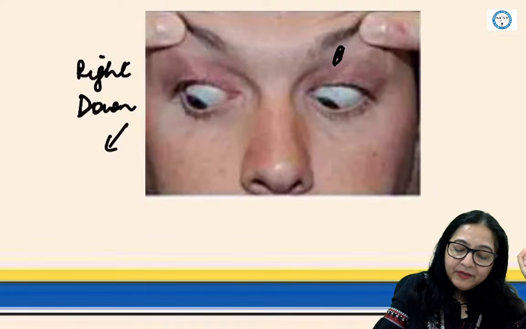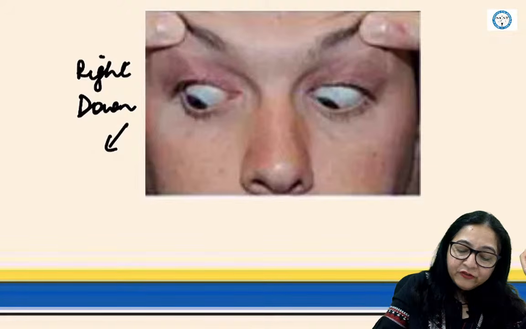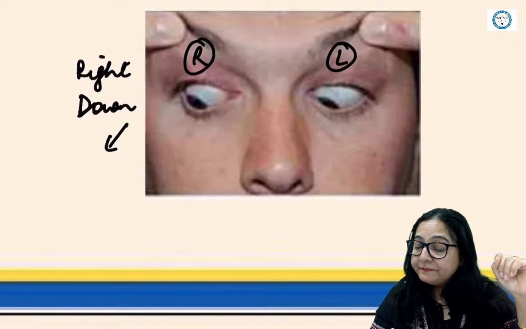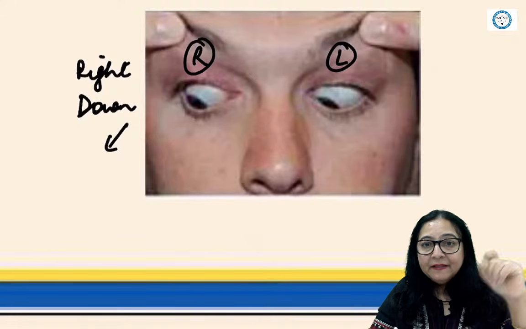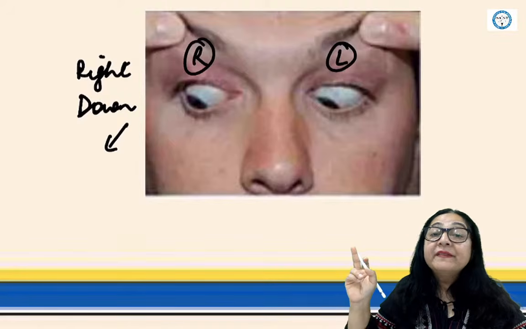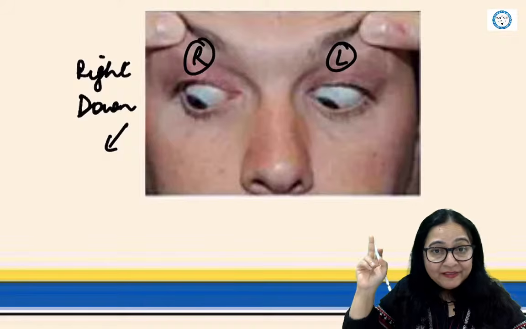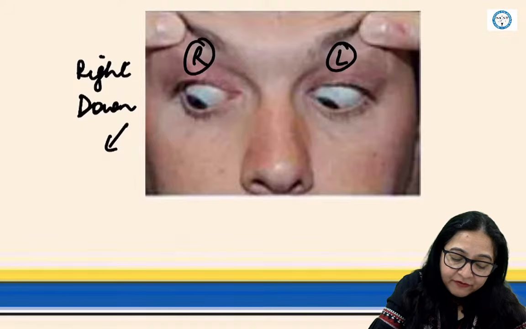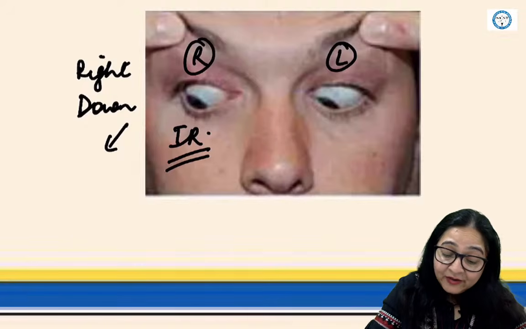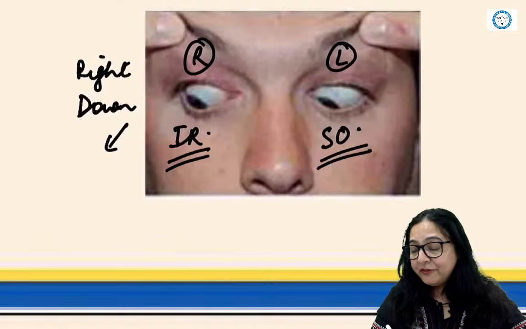You have to tell me which muscle is acting in the left eye in this condition. The eye is going down and towards the right side. So in the right eye, it is your inferior rectus which is acting, whereas in your left eye, it is the superior oblique which is acting, beta.